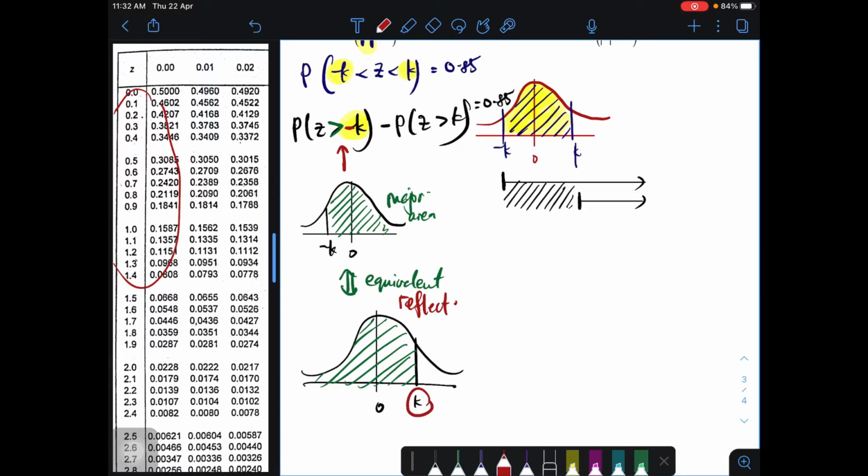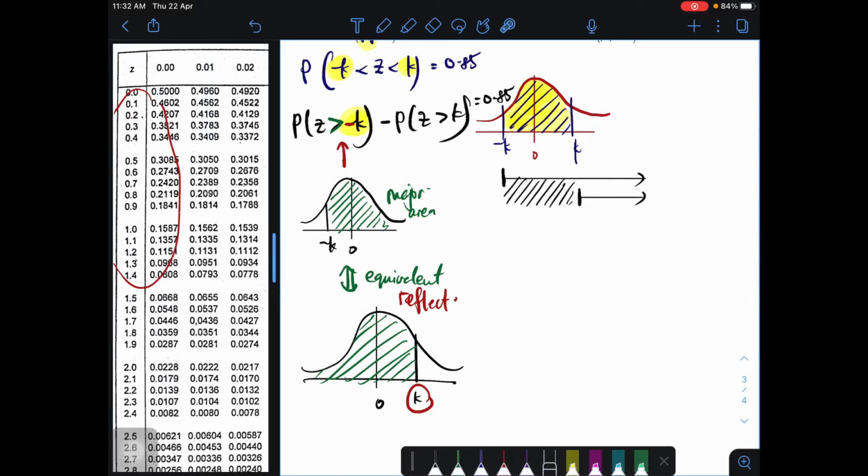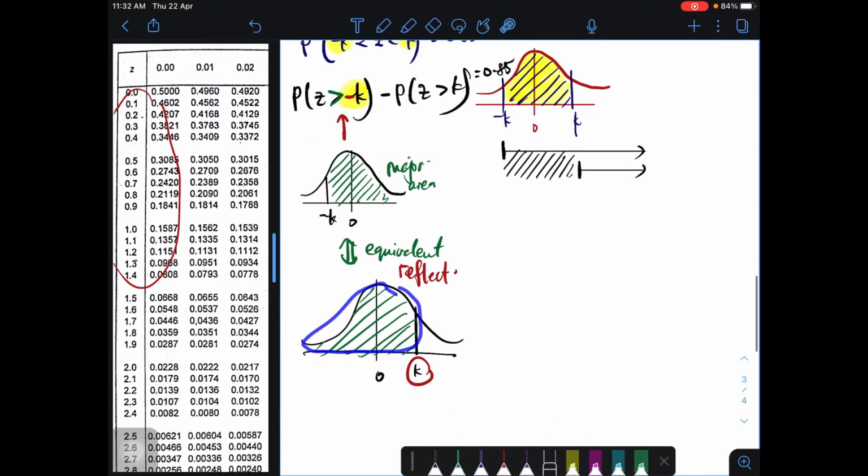Bila kita reflect, kita dapat positif nilai. Bila kita dapat positif nilai, satu kelebihan untuk kita untuk mencari this big region, we just got a minus right hand side here. Therefore, 1 minus probability of Z is more than K. Therefore, we're going to get this thing kalau kita buat 1 minus. So dekat situ, it's an intelligence lah.